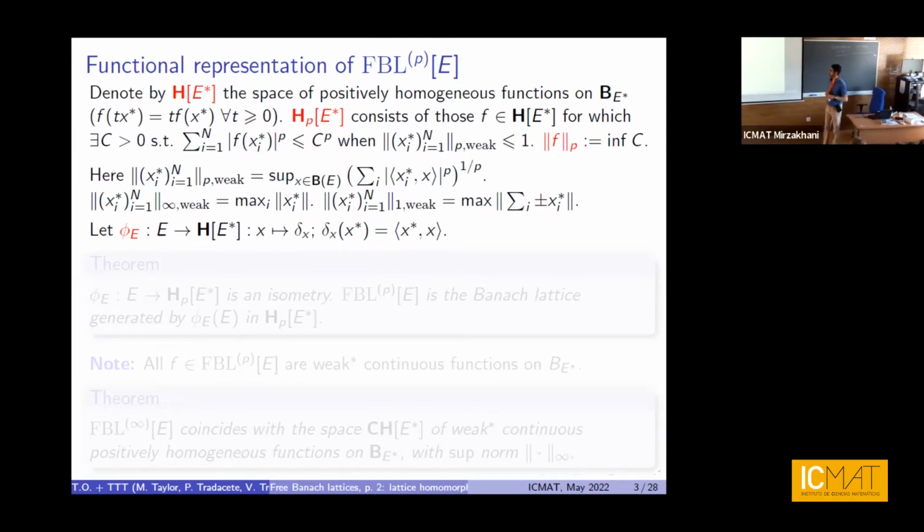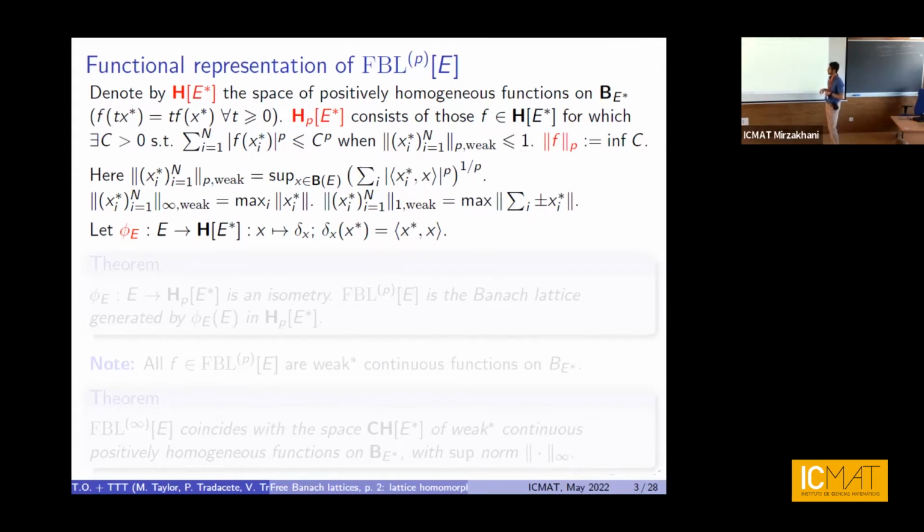So here I define the space of positively homogeneous functions on the unit ball of E star, which I denote by H of E star, and I impose on it this norm that once again is described here on the slide.